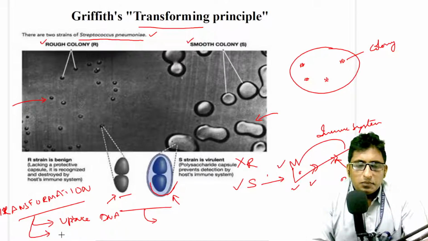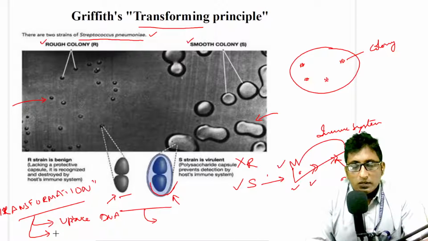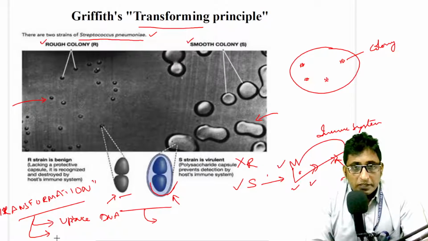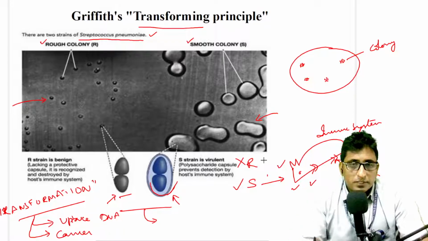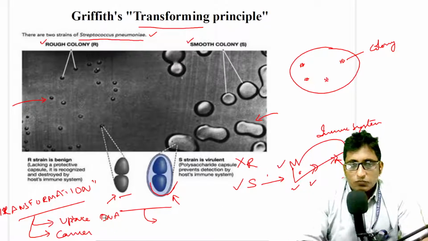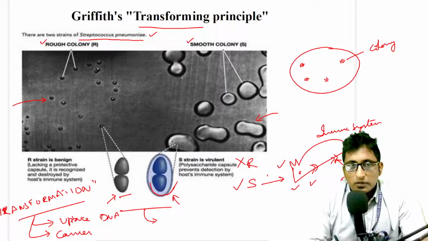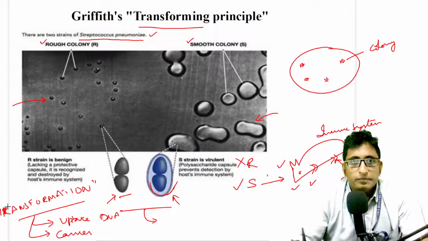The other meaning of transformation in biology is with regard to eukaryotes or multicellular organisms, a cell becoming cancerous. That is, the cell is no longer under control of cell cycle regulation, because of which it will grow and form a cancer. That is also called transformation.